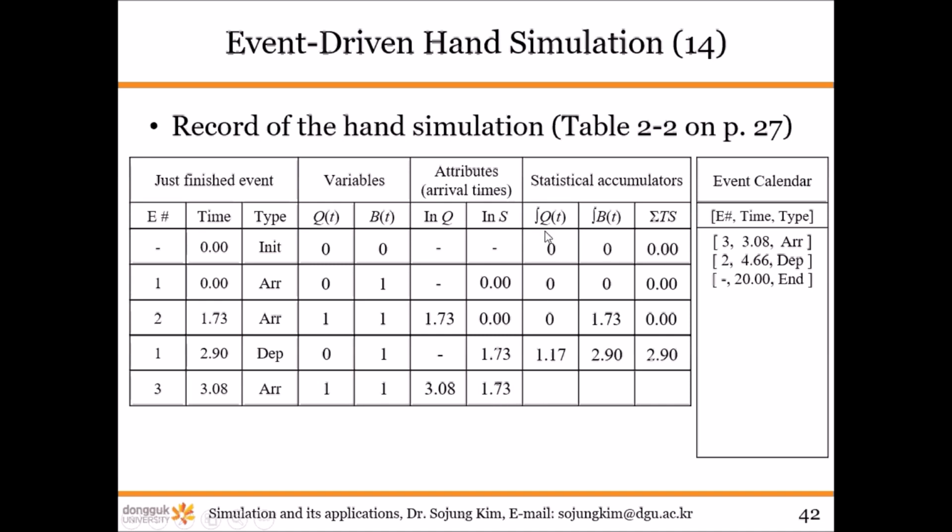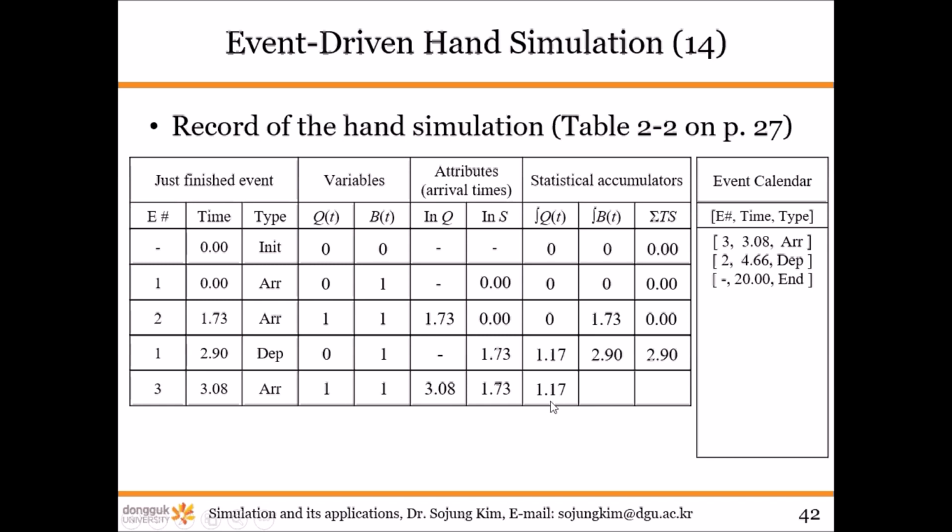And then, because we have another event right here, you need to update the time persistence statistics, these two. This value will be 1.17, still the same, because although the Qt value is 1, it's been 1 for 0 time, so 1 times 0 is 0.